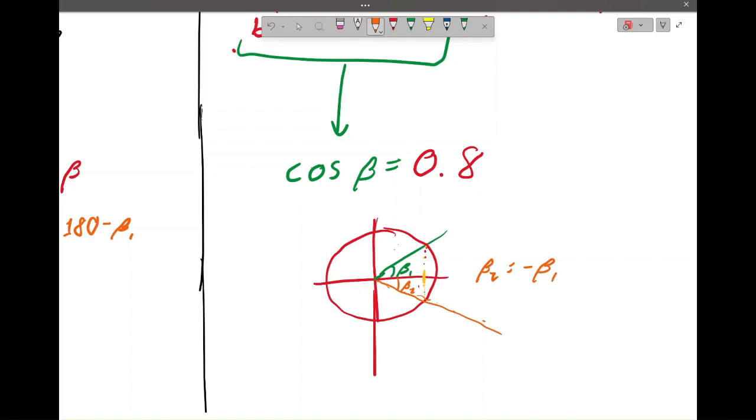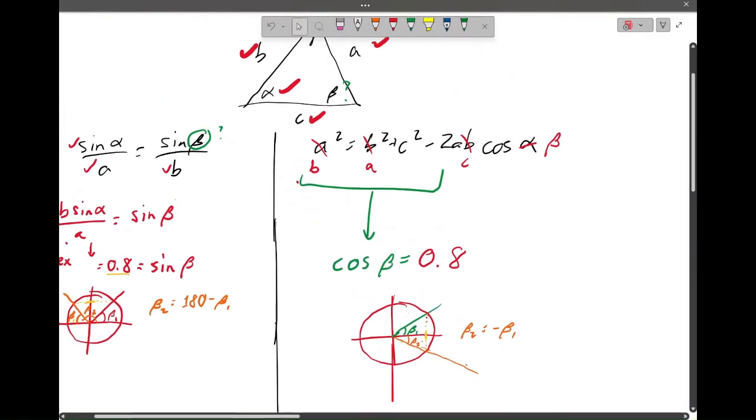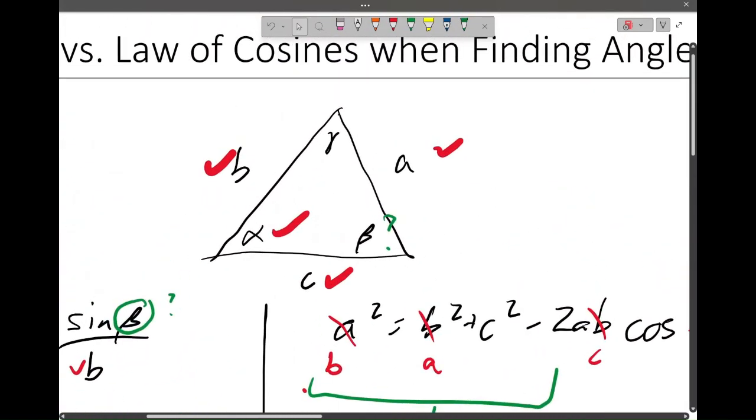So you get two answers, but how come with law of cosines you don't have this kind of ambiguous case? Well, the thing is that beta 2 is negative. Although it's true that cosine of 45 is equal to cosine of negative 45 degrees, when we're dealing with real triangles, there are no negative angles. It wouldn't make any sense.